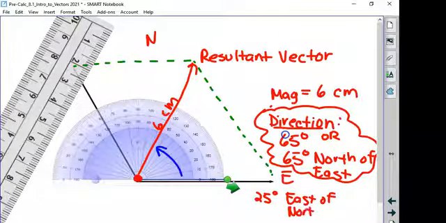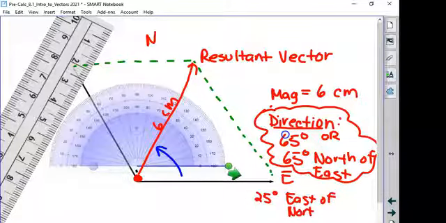Because if we started out north and moved 25 degrees towards the east, we would end up at the same place. Okay, so we're going to talk about this more in the next lesson when we have application problems, and in that case we will use law of sines, law of cosines, and SOHCAHTOA to find magnitude and direction instead of by measuring.